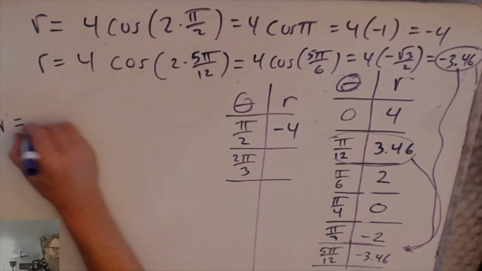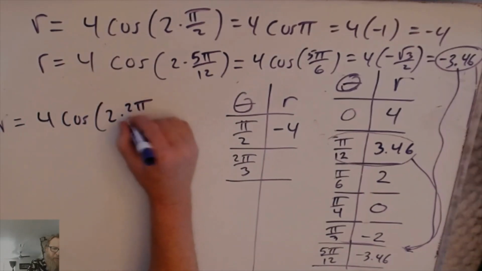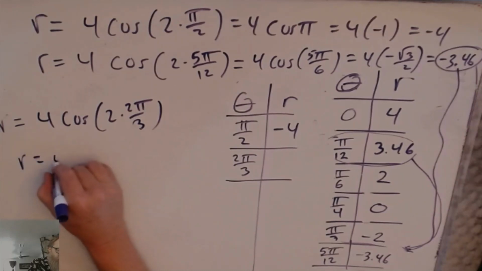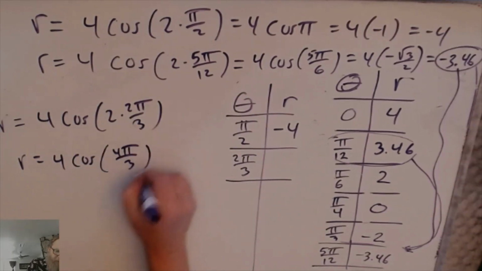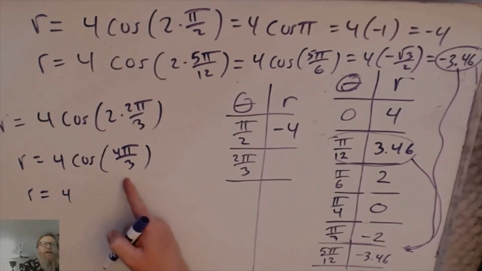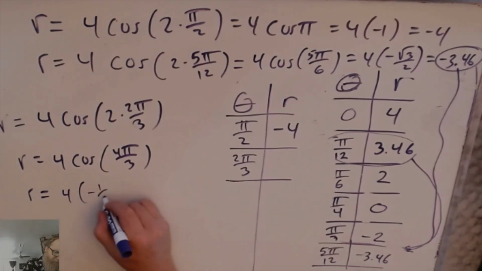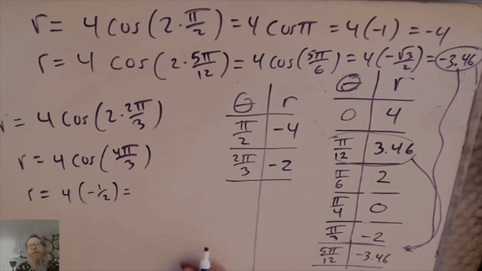So I got r is 4 cosine 2 times 2 pi over 3, which is 4 pi over 3. Cosine of 4 pi over 3 is going to be negative a half again. So I'm back to negative 2 again.